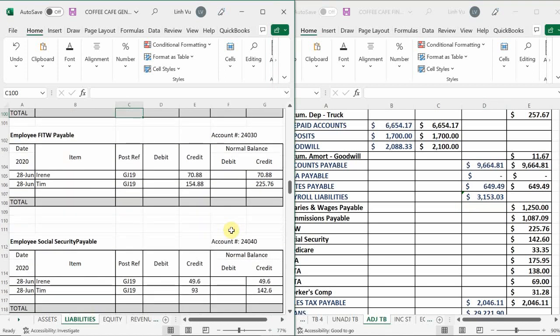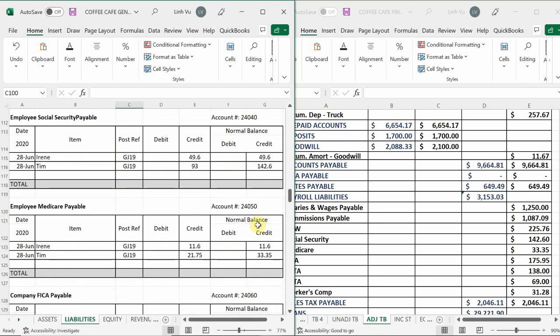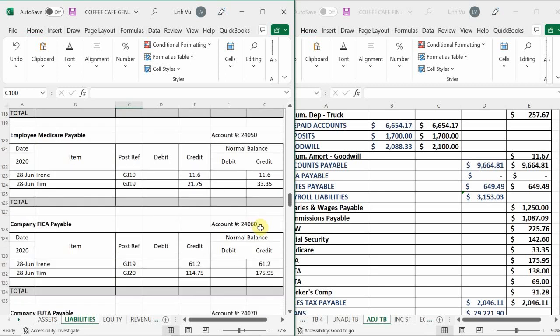Let's go ahead and double verify that the rest of the information is still correct. Here I have a total of $225.76 for FITW. Social Security is at $142.60. My Medicare is still at $33.35.